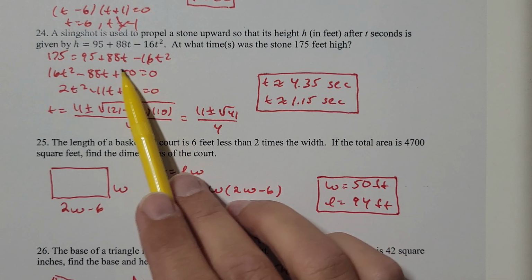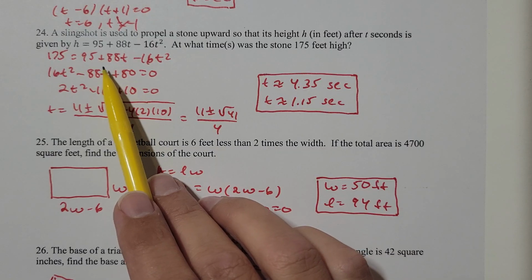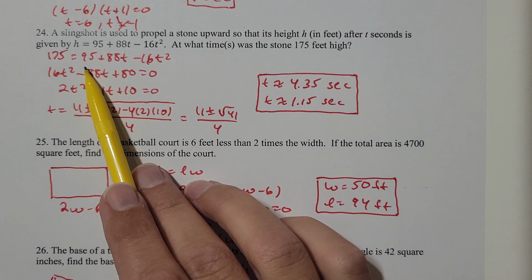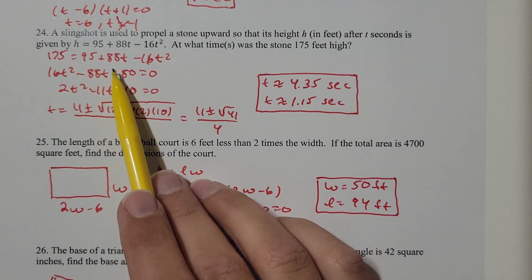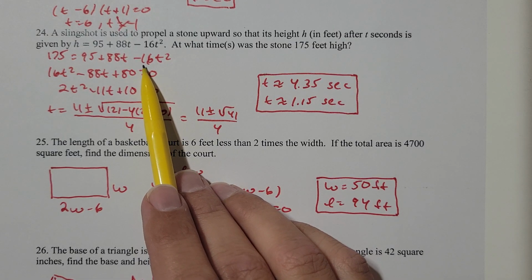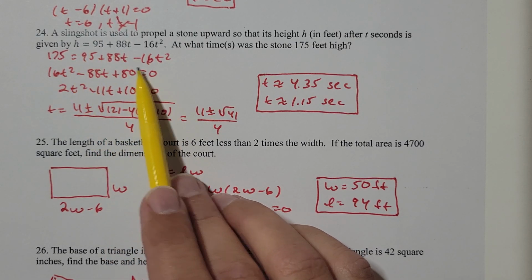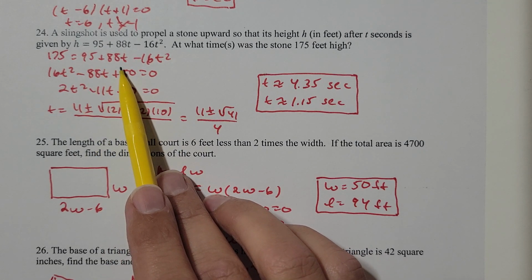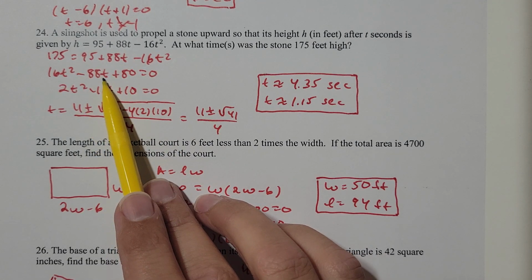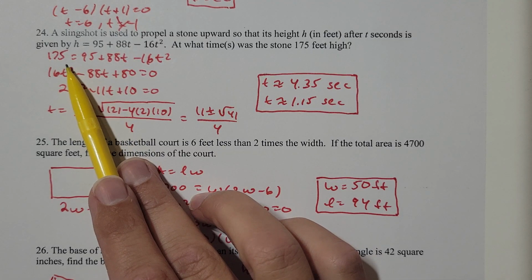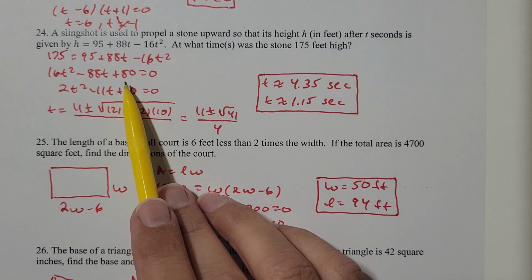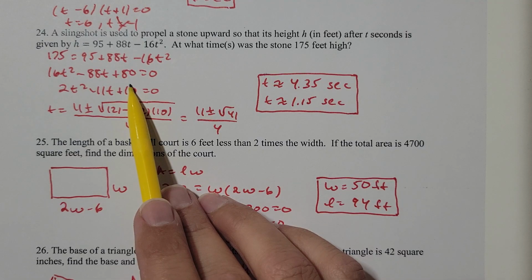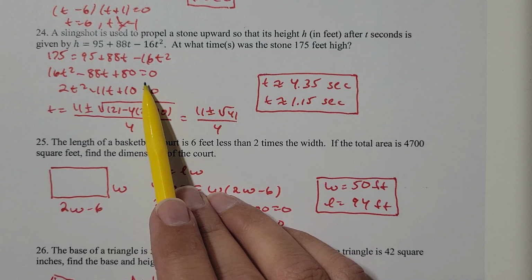So if I get everything on one side, actually let me get everything onto the left, excuse me. I'm going to add 16t squared, subtract 88t, and then subtract 95. 175 minus 95 is 80, and that's all equal to 0.